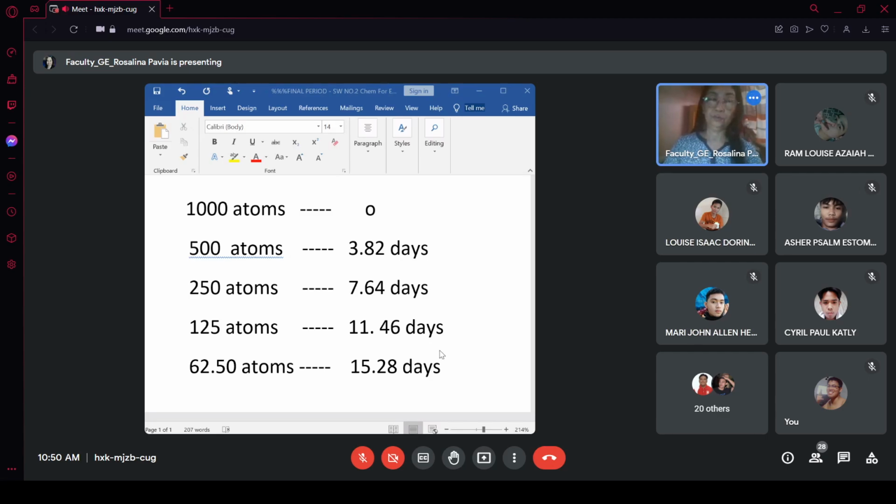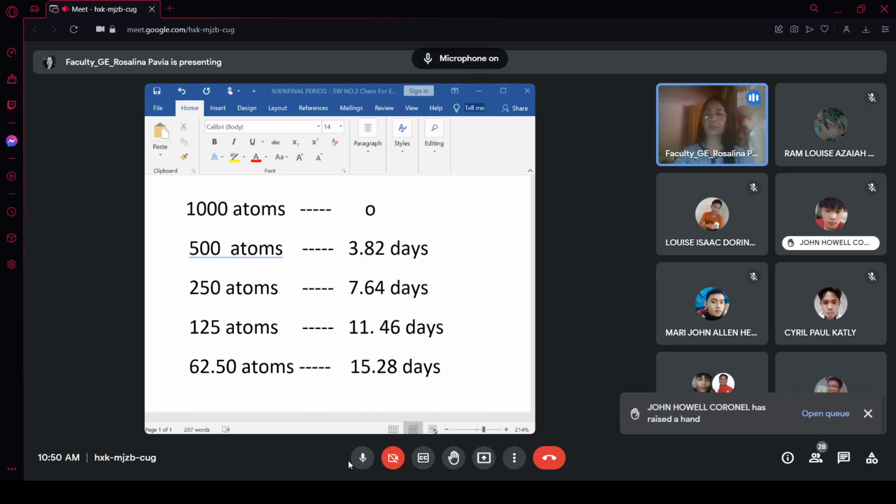Now, if yung tinatanong naman is the remaining, ganun din ang gawin nyo. You keep on dividing by 2 yung quantity, tapos pa-add kayo ng i-add yung half-life. Clear?